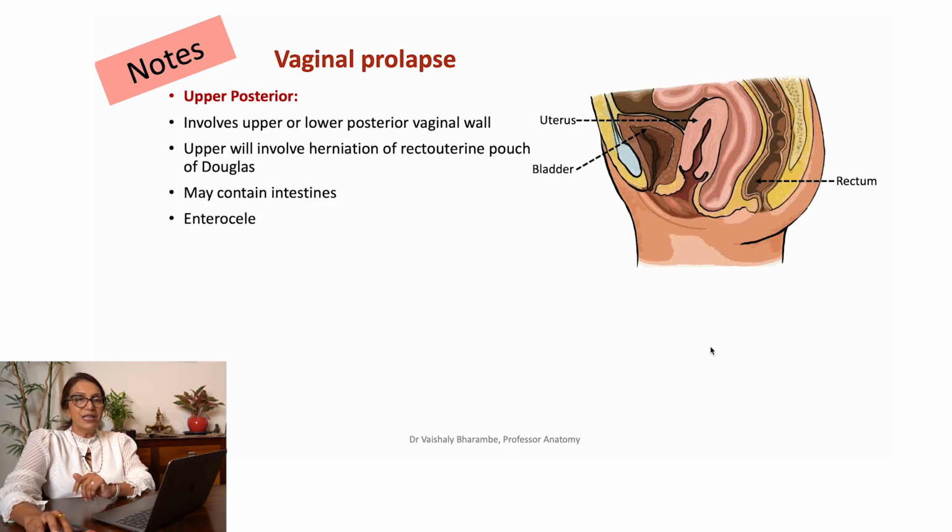Now let's talk about the posterior wall of vagina. Here you are seeing the posterior wall of vagina which has become weak. So a bit of intestine has started to come downwards through that gap, through the pouch of Douglas, and what you're getting is called an enterocele. The posterior vaginal wall is prolapsing inwards, carrying with it a bit of intestine. Again a vaginal prolapse.